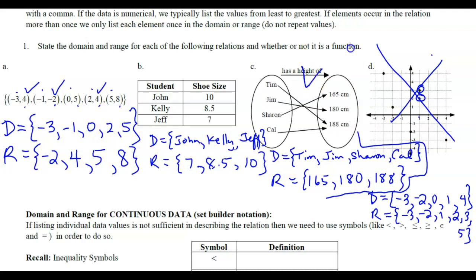So this is a function. This is a function. They're all different. And then here, basically look if there's a repeated domain value. That would be what you want to look at and see if there's two different range values. Well, there aren't any repeated domain values, so this is a function.